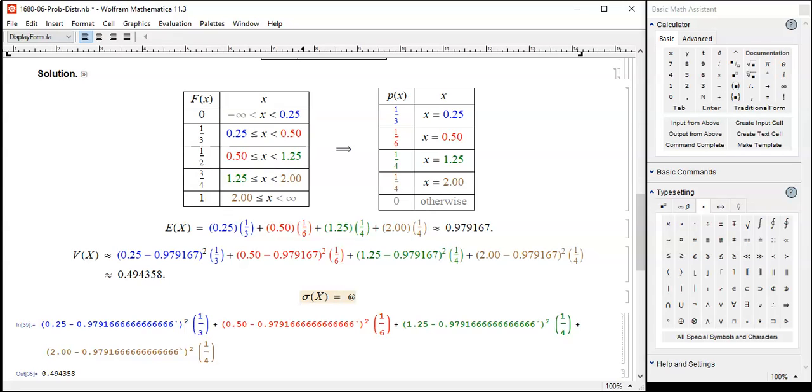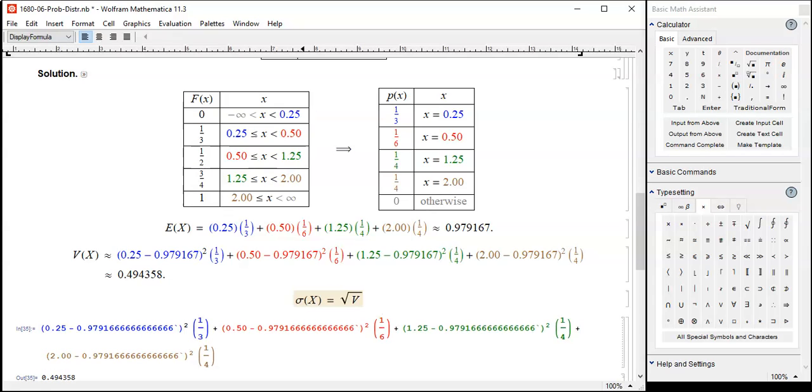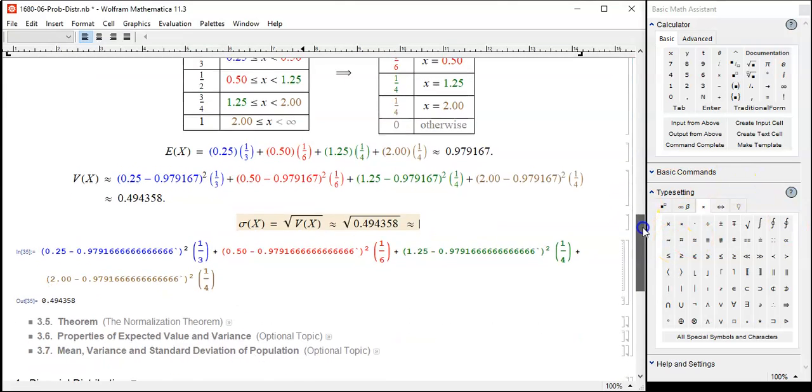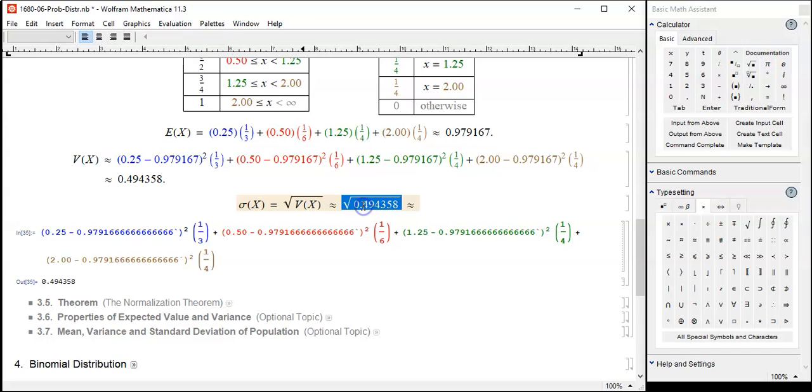which is the square root of the variance, which is approximately the square root of this. What's this?